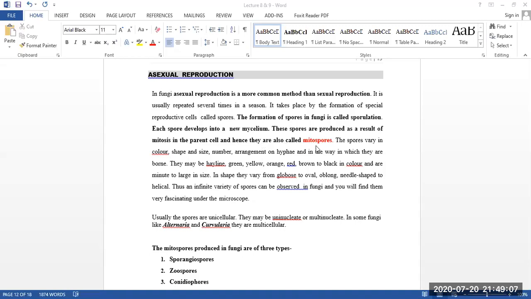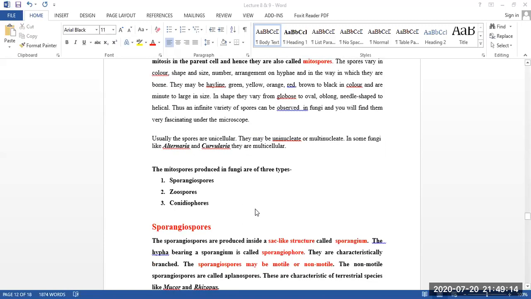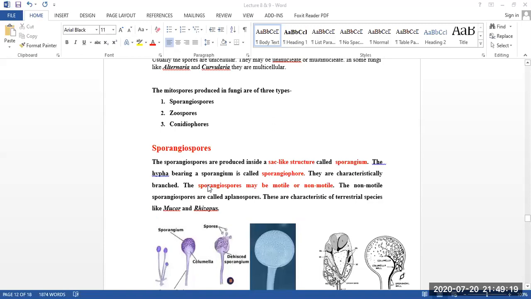These mitospores produced by fungi are of three kinds: sporangiospores, zoospores, and conidiophores. You already know about these three types of spores from our classification discussion, but I want to discuss them again for your memorization.